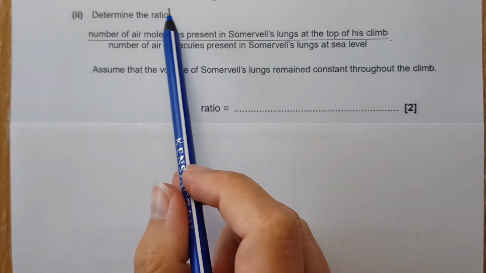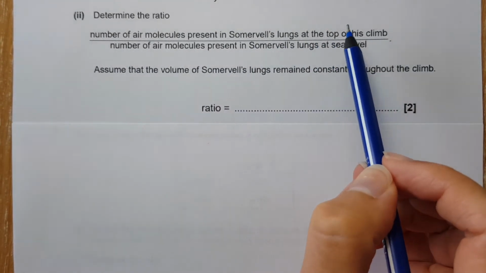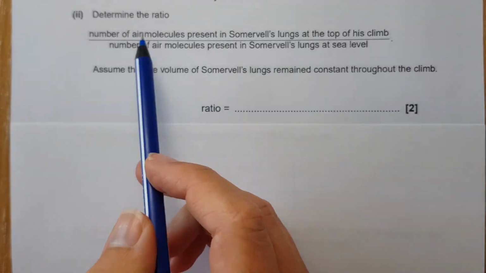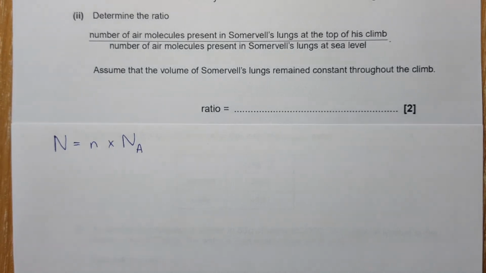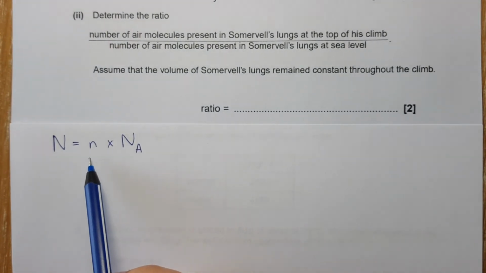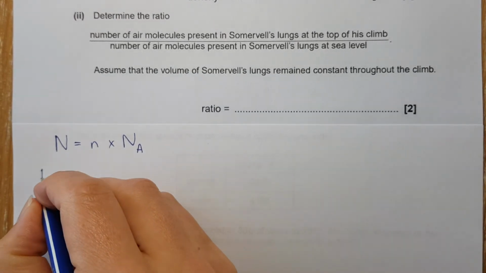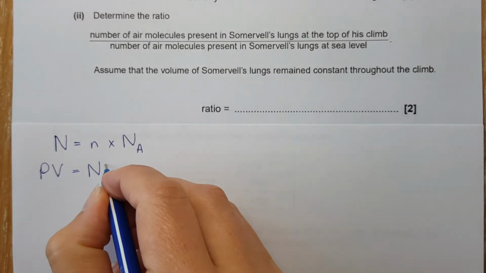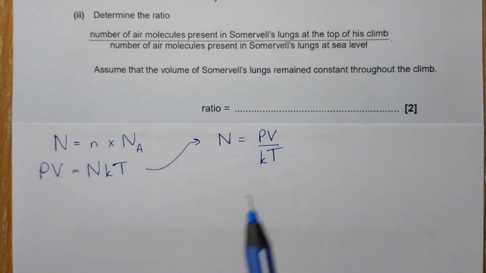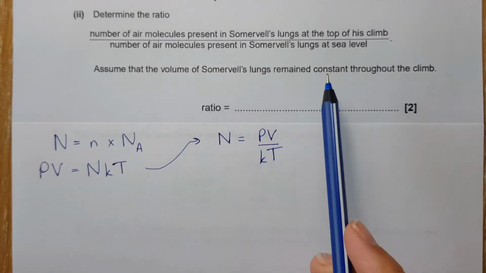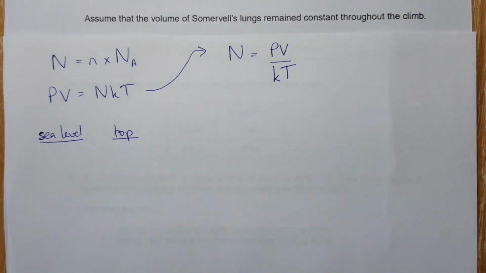And now finally we're at our last word ratio question, and we're talking about Somerville's lungs at the top of the climb and at sea level. We want the number of air molecules, that's capital N. So if I knew the number of moles at the top and bottom, that would be really easy, but I don't. So we are going to have to use the gas laws formula again, but this time we're going to use the one with Boltzmann's constant in. So we're going to be needing the pressure of the air in his lungs, the volume of his lungs, and the temperature of air in his lungs.